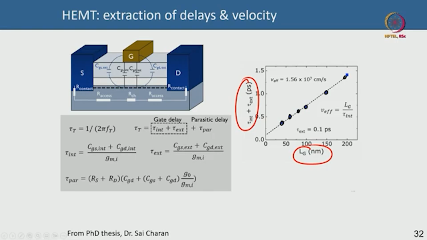The slope of this line is your velocity, because this is your delay and this is your gate length.